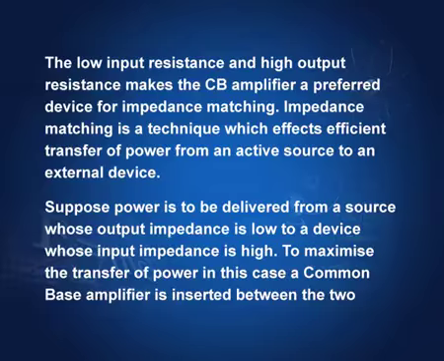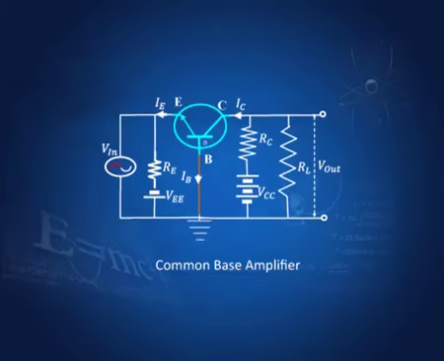See, this active device has low output resistance, and the device to which the power is to be transferred has high input resistance. So, to match them: low output, low input, so matching. High output and low input of the device to which the power is to be transferred, again there is matching.